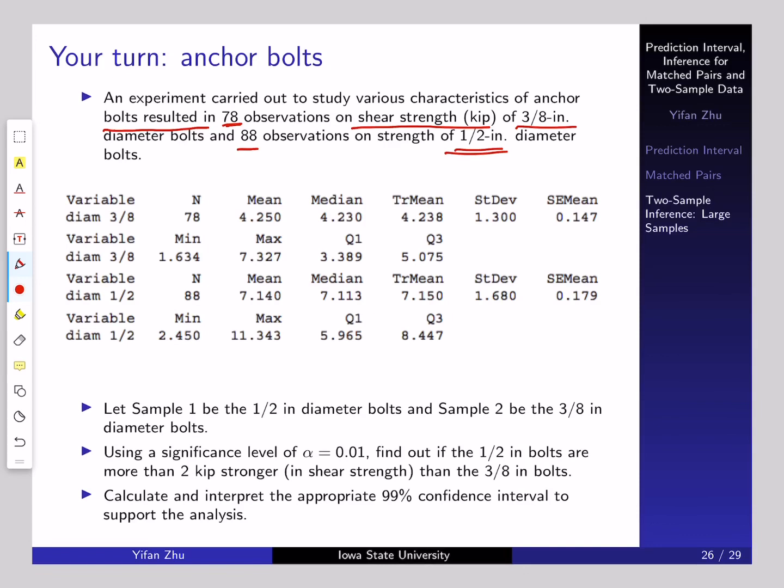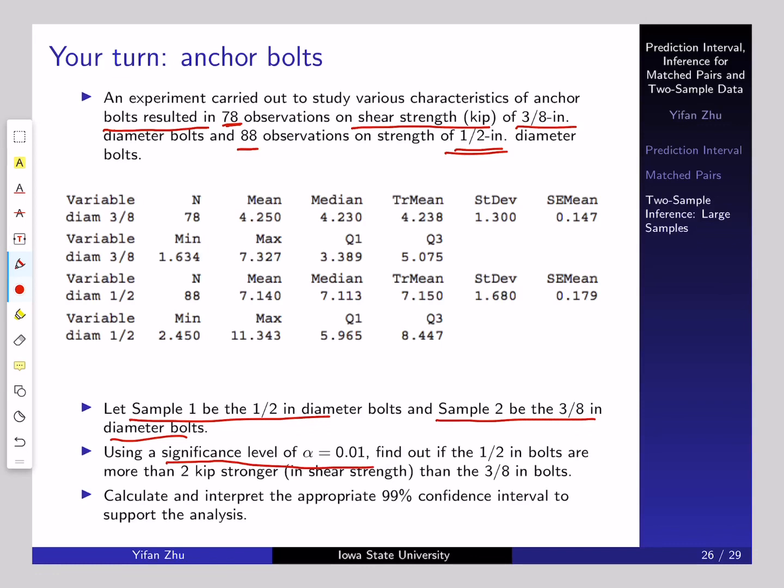Okay, and we want to compare the shear strength between these two kinds of bolts. We use sample 1 to denote the 1/2 inch diameter bolts, and sample 2 to denote the 3/8 inch diameter bolts.